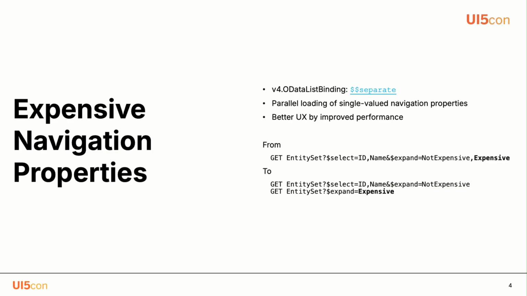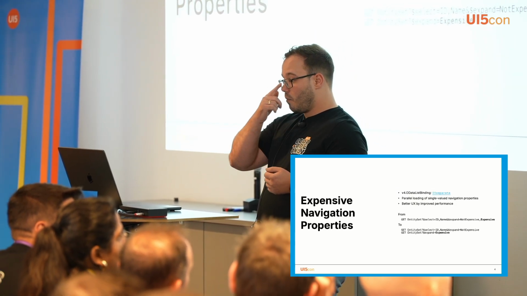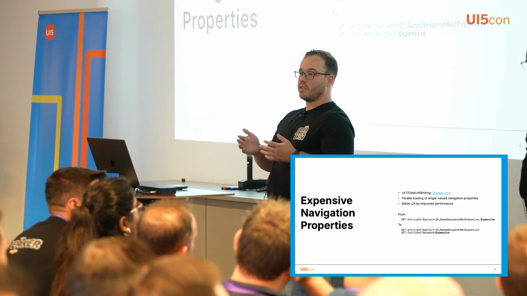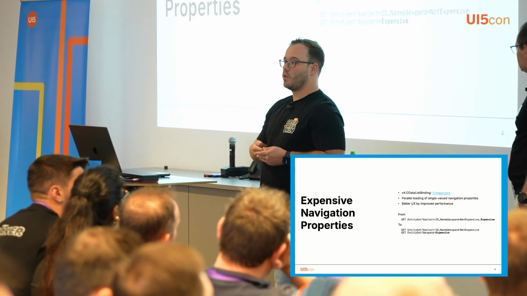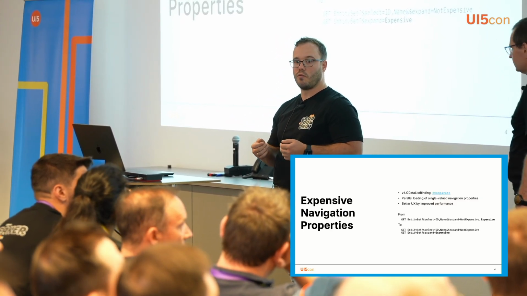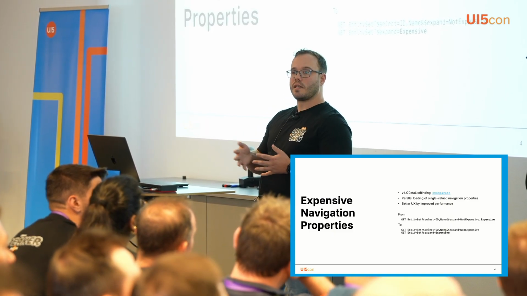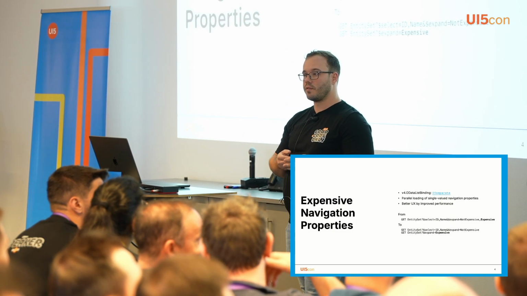So as sketched here on the slide, imagine there would be previously one list request for an entity set, which is requesting some selects and some expands. Then the expensive navigation property could be set in $separate, and this will lead to two batch requests. This first one as described for the simple normal selects and expands, and the second batch request, which is exclusively for loading the expensive navigation property.